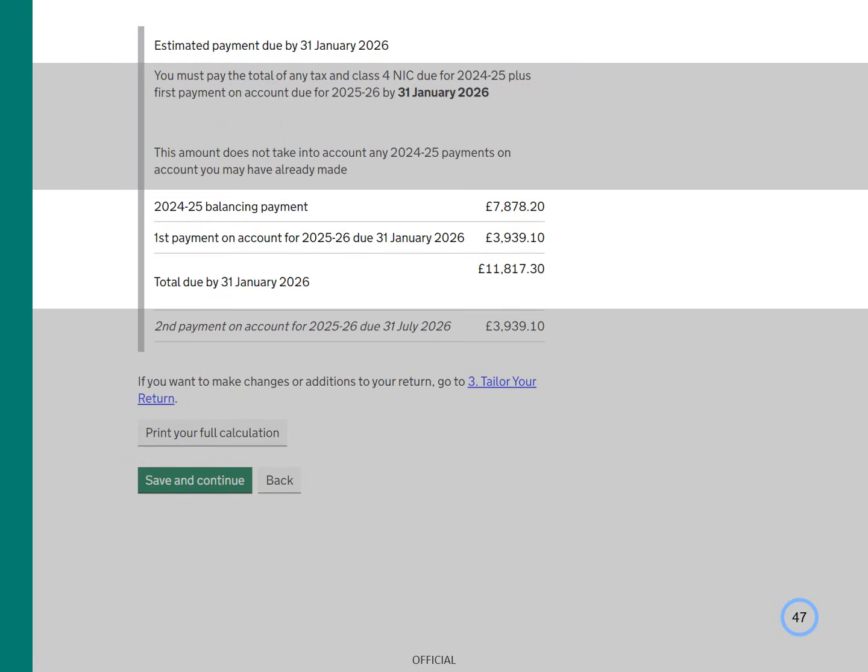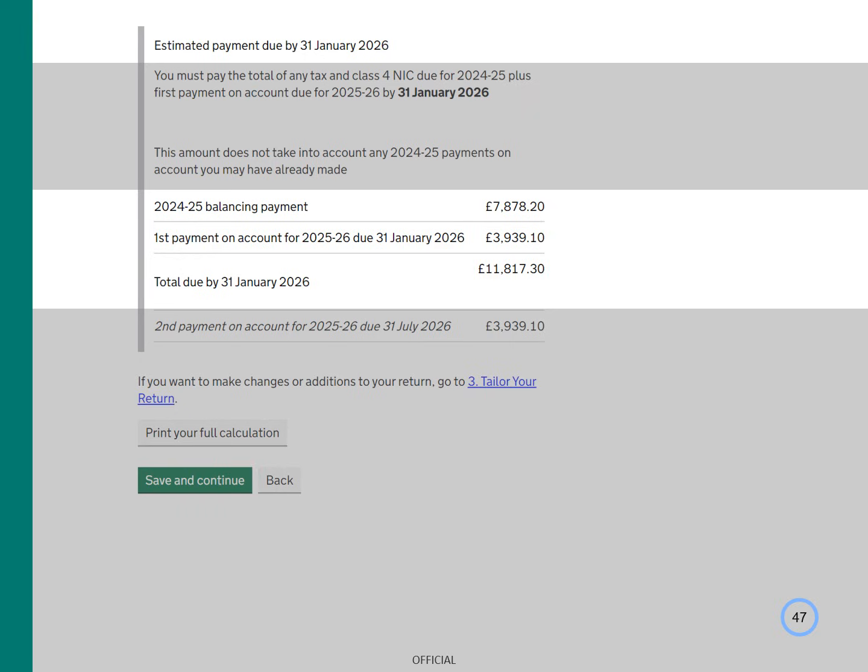At the bottom of the page, you're given an estimate of the amounts due by the 31st of January 2026. That's your balancing payment for 2024 to 2025 of £7,878.20 and the first payment on account towards 2025 to 2026 of £3,939.10.